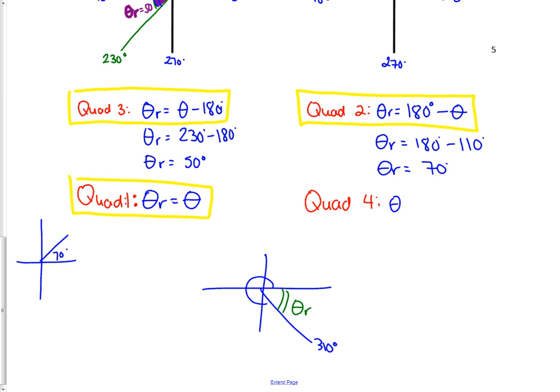That's going to be your reference. So in quadrant 4, your reference will always equal 360 minus the rotation angle that you have. So in this case, would be 50 degrees. Okay. So that's how we get our reference angles. Didn't really have much room to write that, did you?